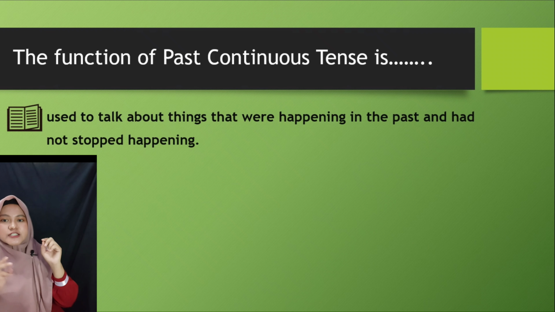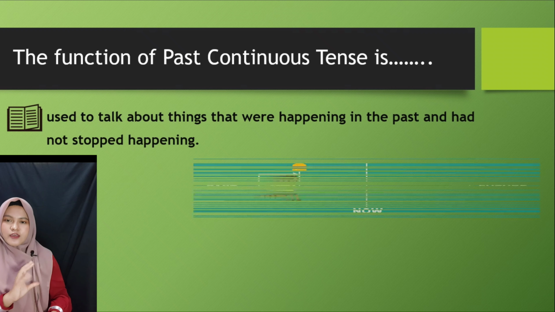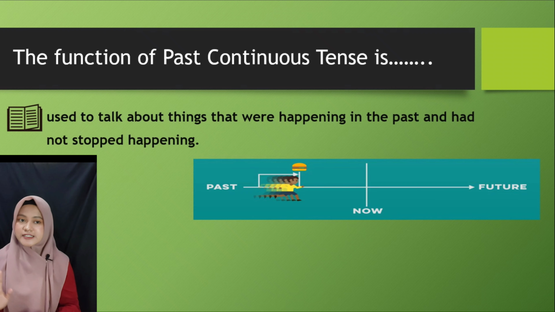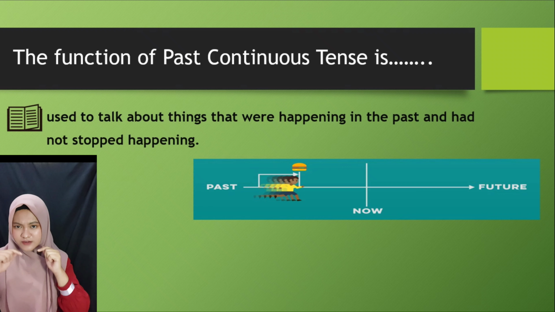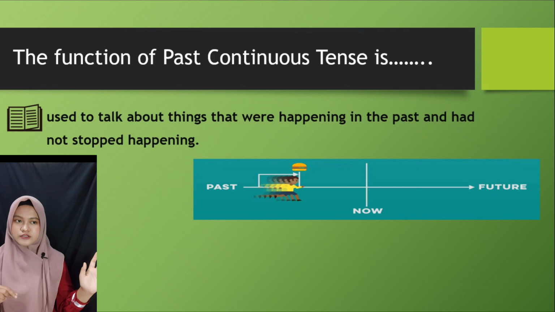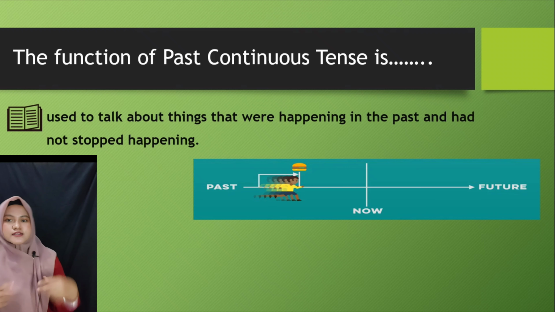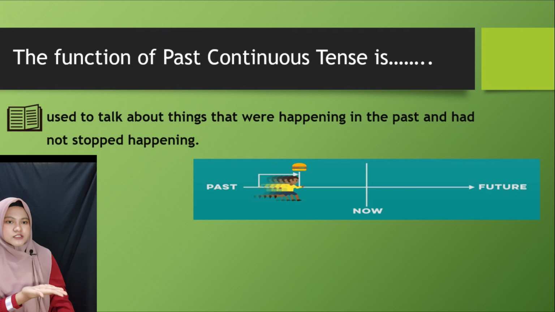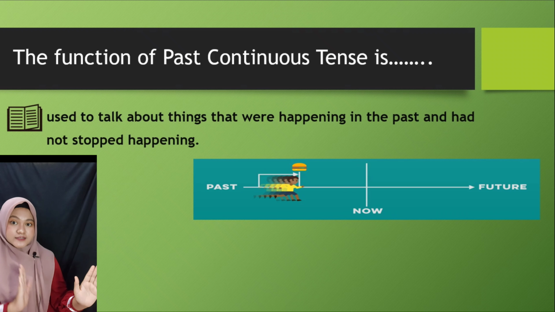I have a picture illustration here. The left side is about the past, the middle is about right now, and the right side is about the future. You can see the man running to the burger, to the time right now from the past.